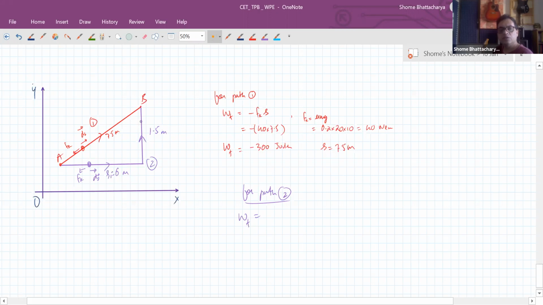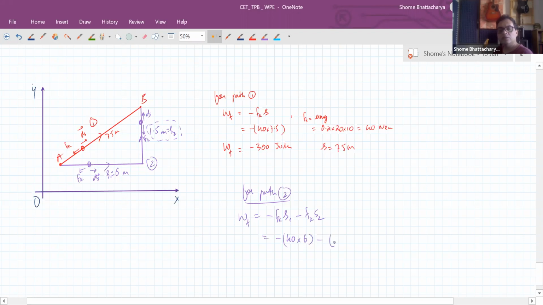But when it's going here, the displacement is in this direction, the kinetic friction is like this. So we'll take this as S2. So the work done we'll have to calculate in two parts. Minus of kinetic friction into S1, and again minus of kinetic friction into S2. So this will become minus 40 newtons into 6 meters.